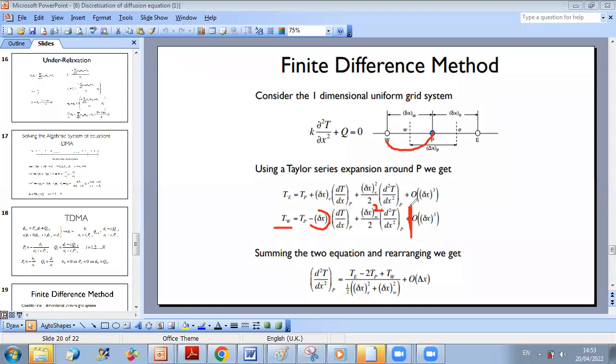Okay? Now, what I want to find is what? The second derivative. To find the second derivative, if I look at my expressions here, I can say that if I add these two equations, the first derivative will cancel out. Why?